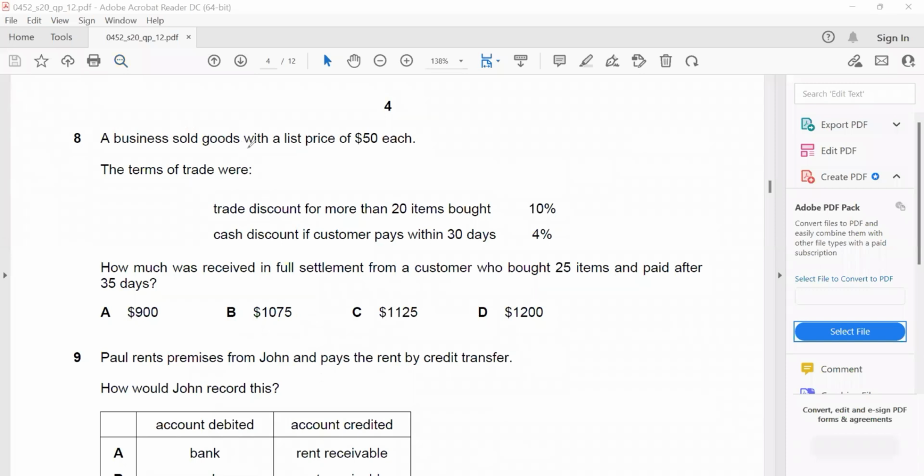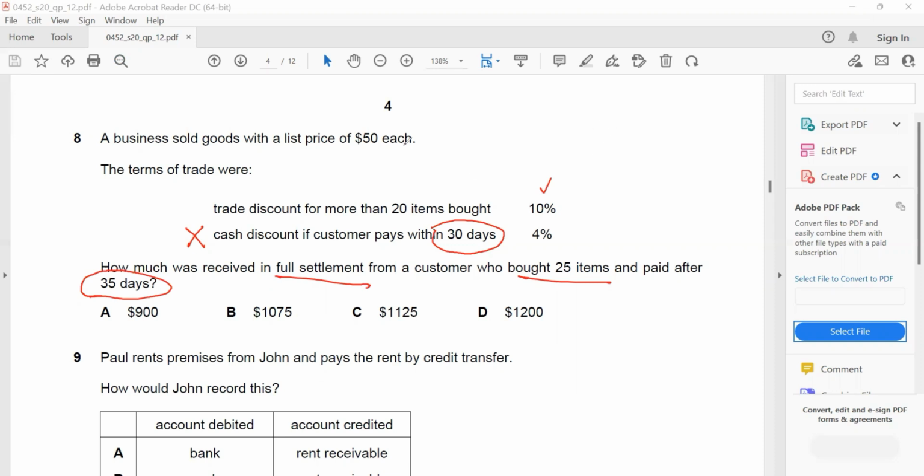A business sold goods with a list price of 50 each. Trade discount for more than 20 items bought is 10%. Cash discount if the customer pays within 30 days. How much was received in full settlement from a customer who bought 25 items and paid after 35 days? Okay, this one, keyword: paid after 35 days. That means no more cash discount, not entitled. So the customer is only entitled to this trade discount.